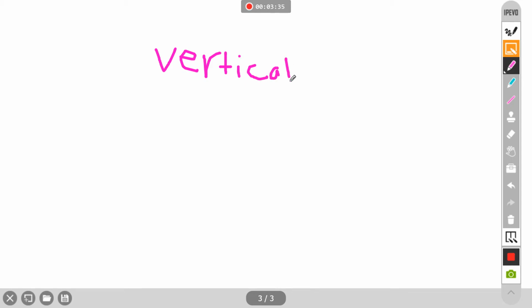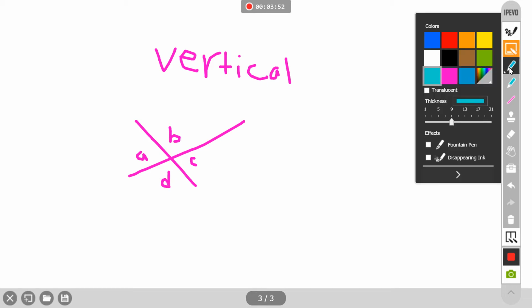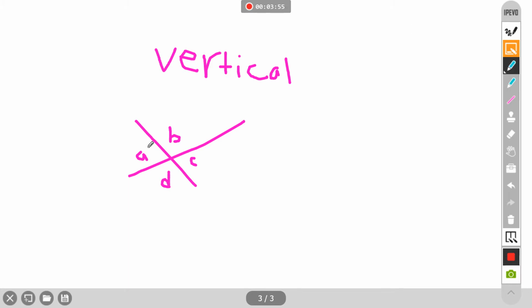So if I've got intersecting lines, and this is angle A, this is angle B, here's angle C, and here's angle D. Vertical angle relationships mean that if I start at angle A and angle A pokes their head out of their door and they don't turn and look left, they don't look right, they're just looking straight ahead at that center vertex point.